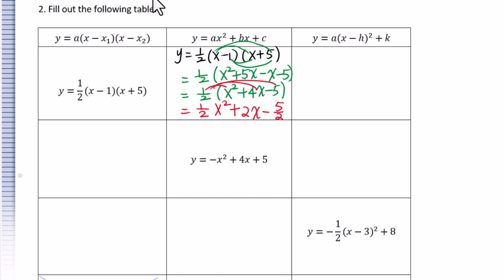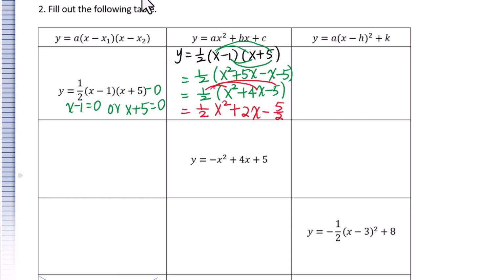We want to change this factored form into vertex form. We will set this function equal to 0. Then we have x minus 1 equals 0, or x plus 5 equals 0.